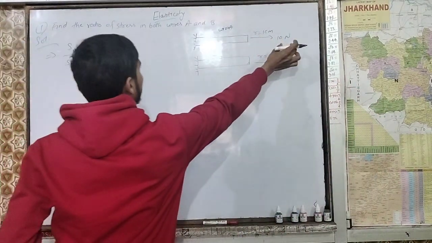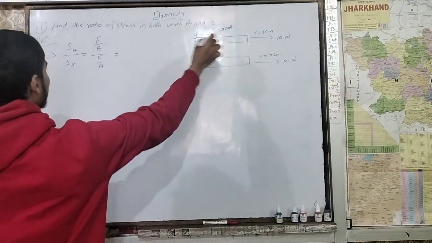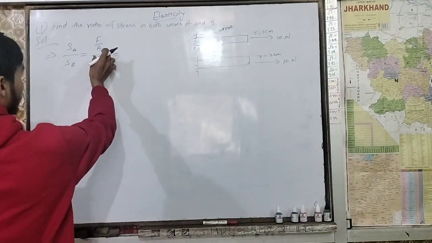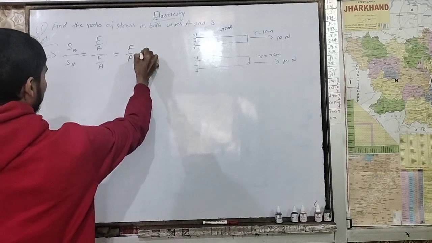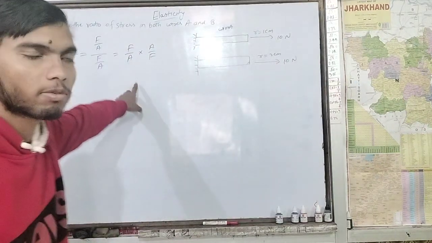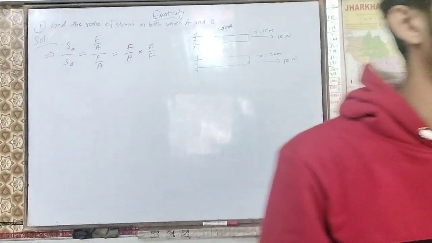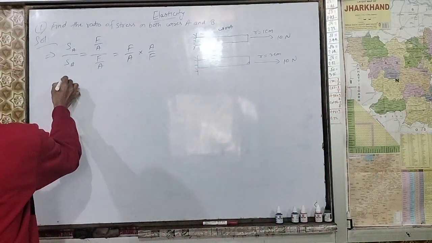Here, F is how much? 10. Or you can simplify it over here. F upon A multiplied by A upon F. Remember this A upon F is for the second wire.